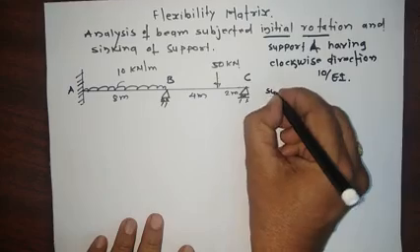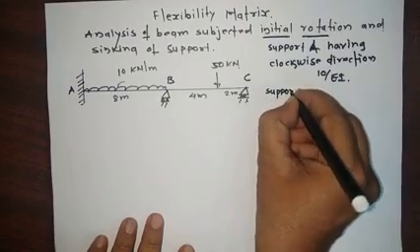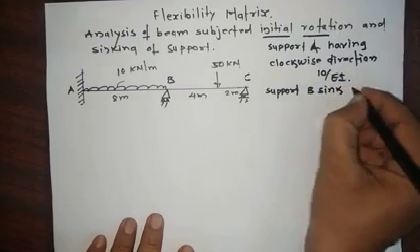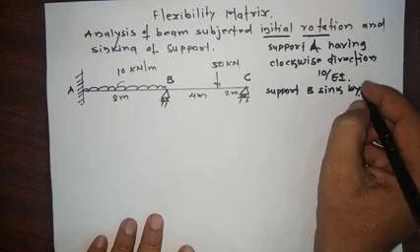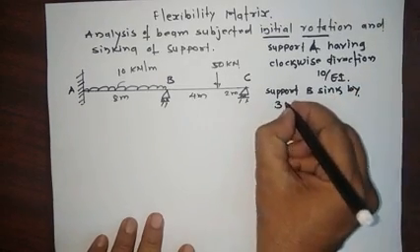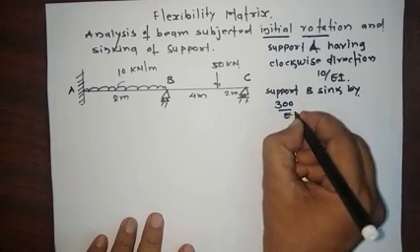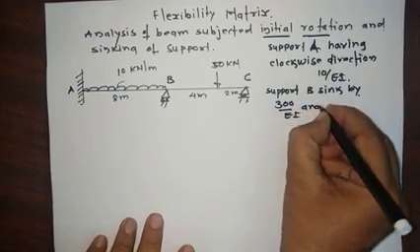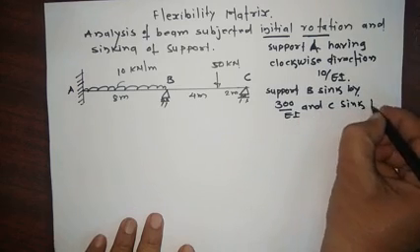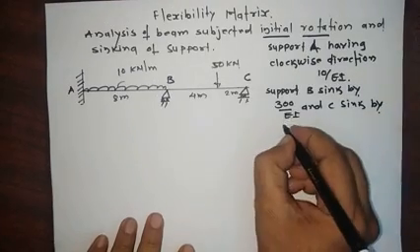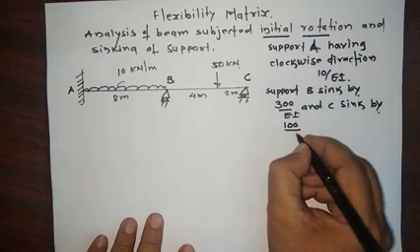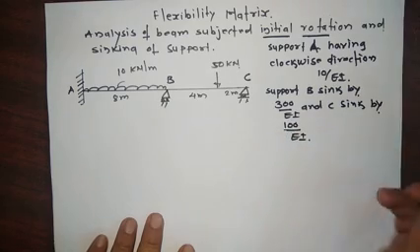Support B sinks by 300 by EI, and C sinks by 100 by EI.